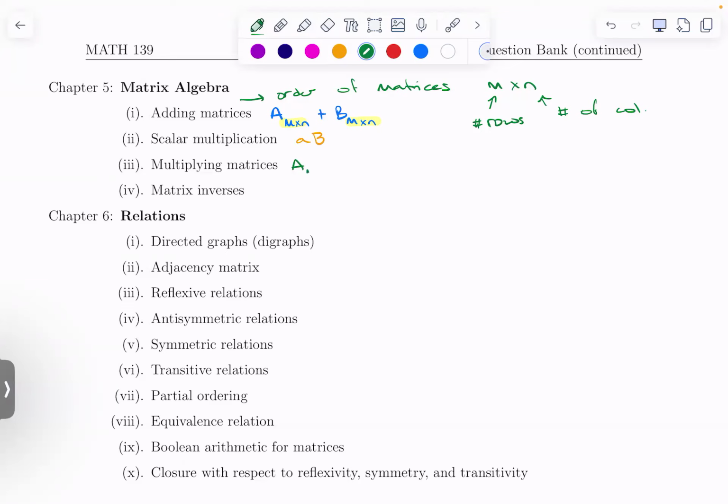So A can be m by n, but then B has to be n by p, let's say. Doesn't have to be LMN O, but that's weird to use an O, so use p. What's the size of the resulting matrix? C would be m by p.